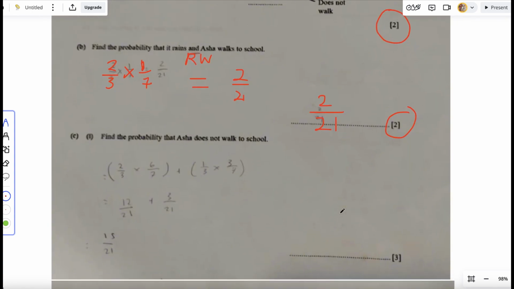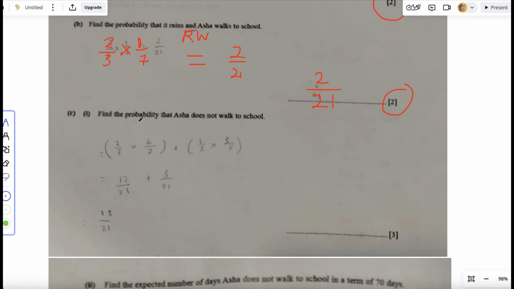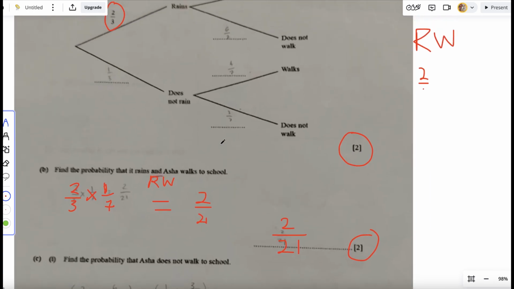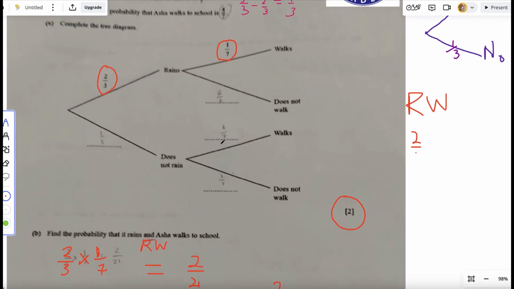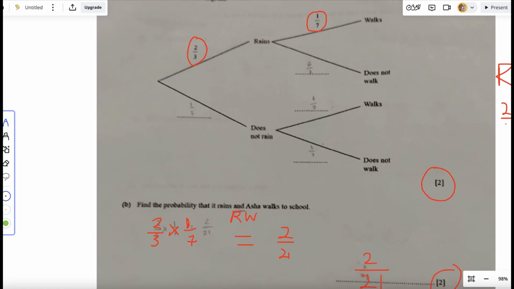Is that okay? Now let's take a look at this second one. Find the probability that Aisha does not walk to school. We're going to find where Aisha does not walk to school. She does not walk to school on this branch, meaning when it rained, she didn't walk to school, is one option.